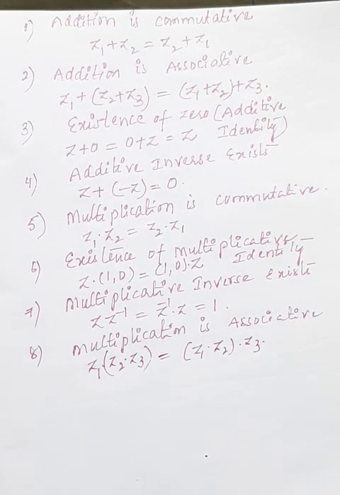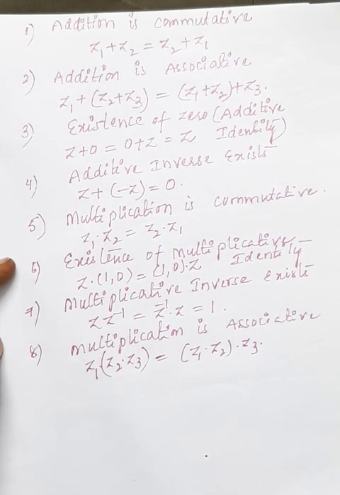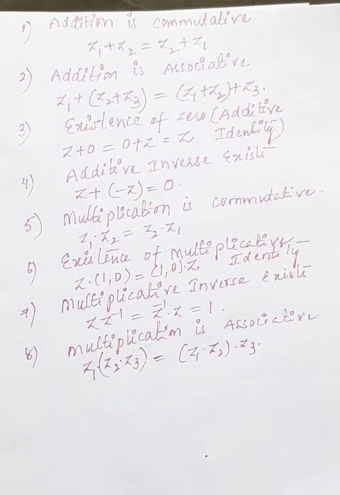This is said to be the associative property of multiplication. So these are the 8 properties we have for complex numbers.